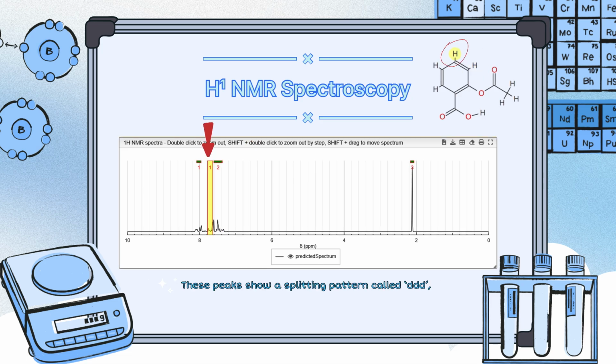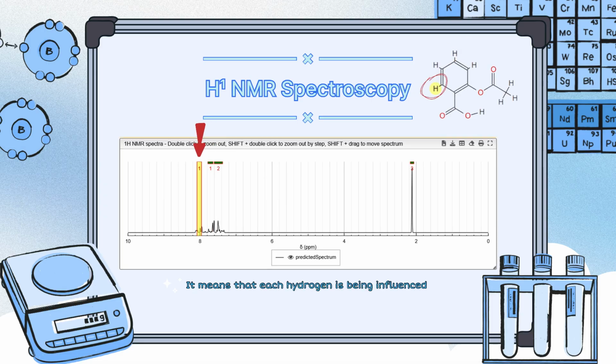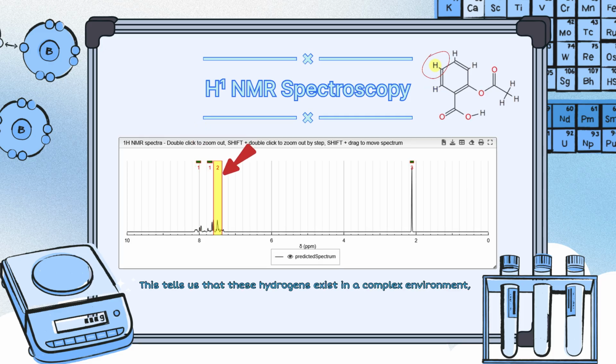These peaks show a splitting pattern called ddd, which stands for doublet of doublet of doublets. It means that each hydrogen is being influenced by 3 neighboring hydrogens, each causing a slight shift. This tells us that these hydrogens exist in a complex environment, which is typical for aromatic hydrogens in a substituted ring like in aspirin.